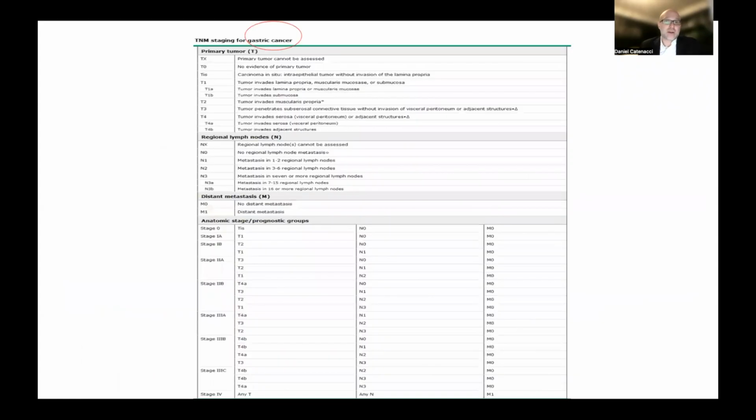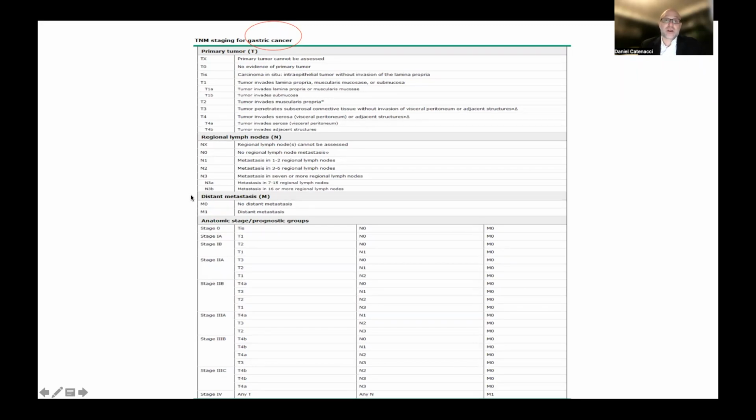There are tables that pathologists would then go to really give us what the final stages are. The top part is showing you what the T stage is, and the definition is which layer the tumor invades to. The N stage, how many lymph nodes are involved, and whether or not there's metastatic disease.